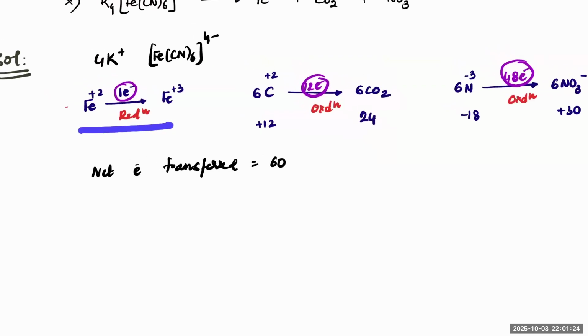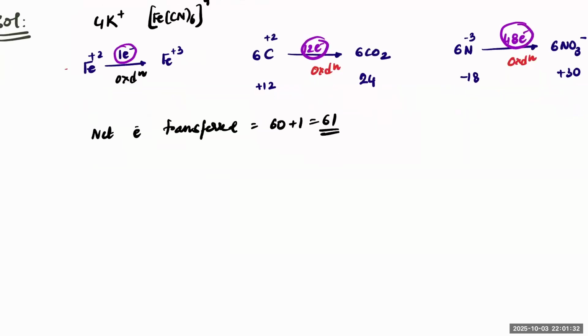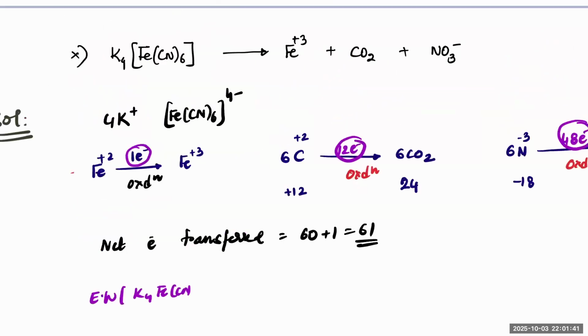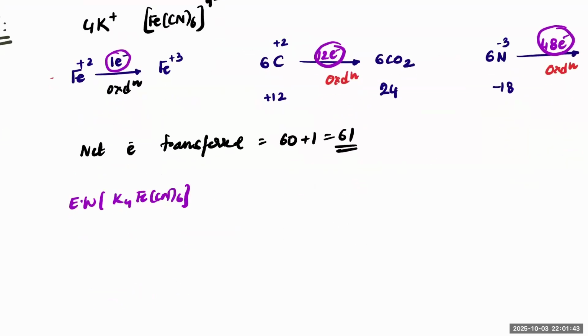And here, sorry, this is not reduction. This is also oxidation. My mistake. So net is 60 plus 1. So how much is it? 61. Clear? So if I ask you what is the equivalent weight of K4Fe(CN)6, you will simply write this as molecular weight by 61.